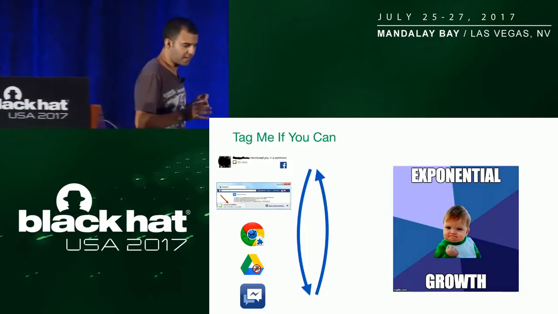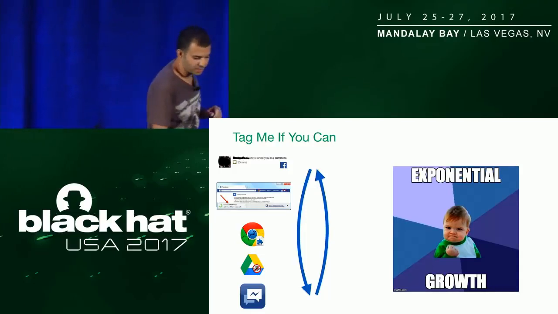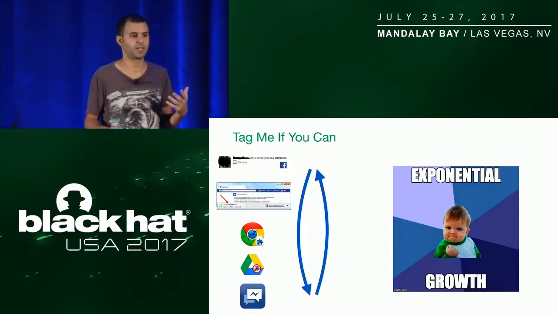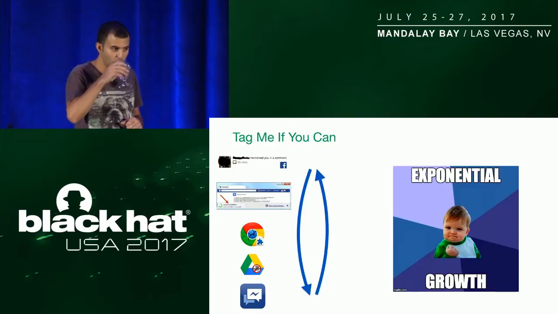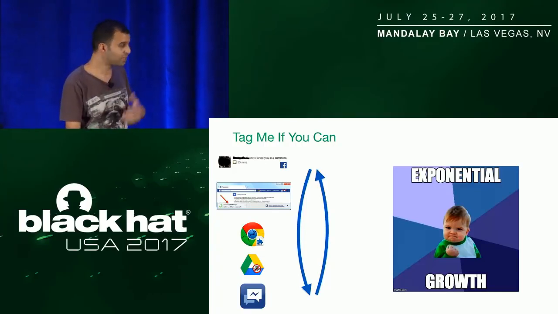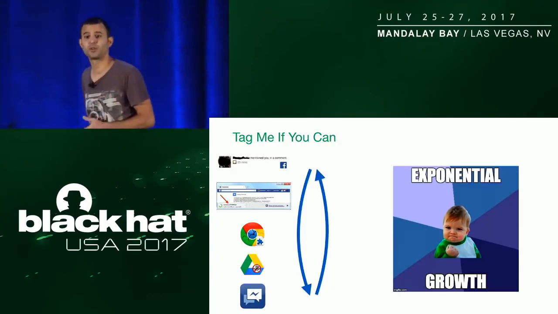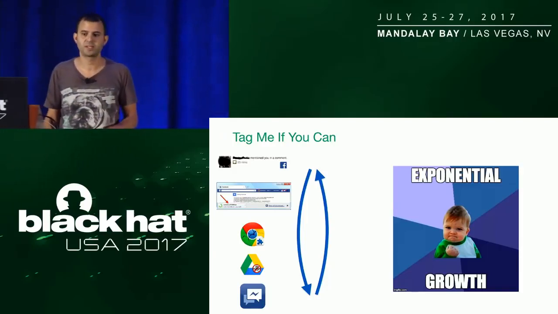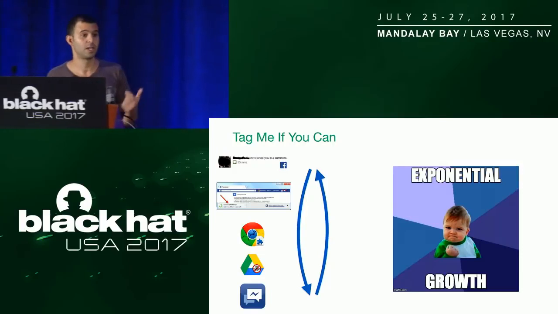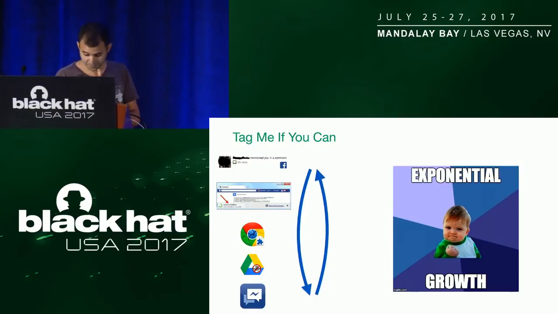You must be asking yourselves, how did these attackers create a notification that leads to a download of a JSE file? This is very interesting, but it's too long for this talk. You can find more details in the white paper of this presentation, or in Idan Naor's report, in more detail about this attack, Tag Me If You Can. Very interesting. So we saw two attacks.